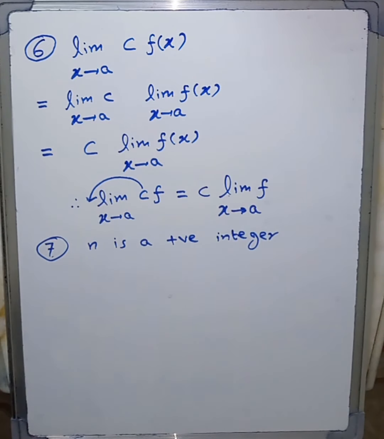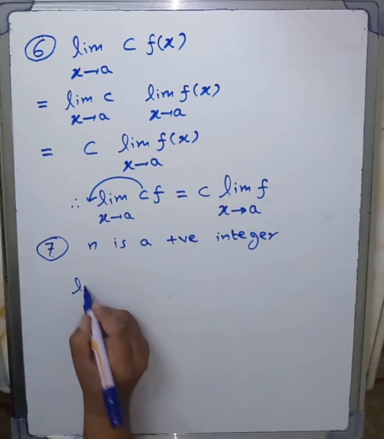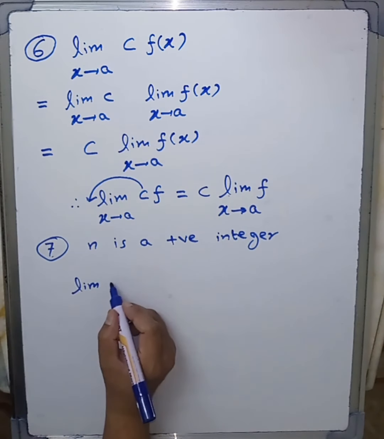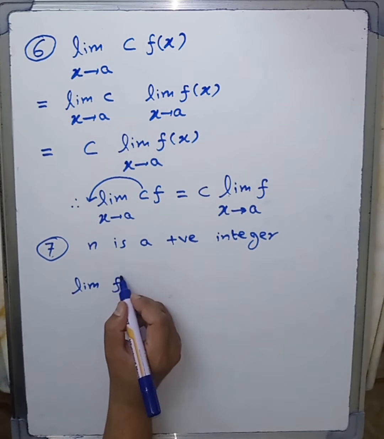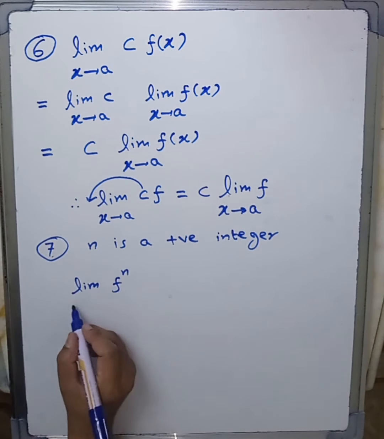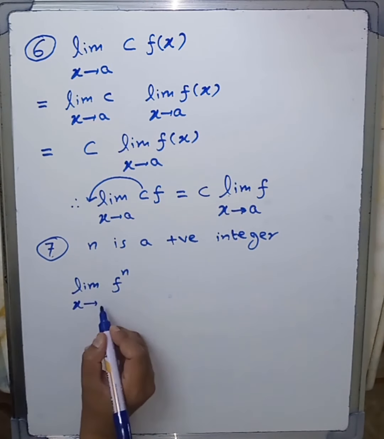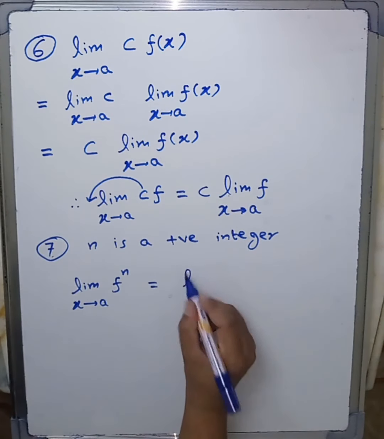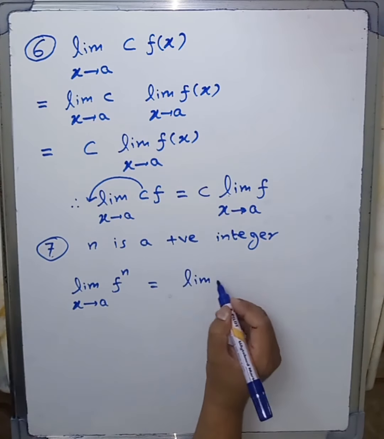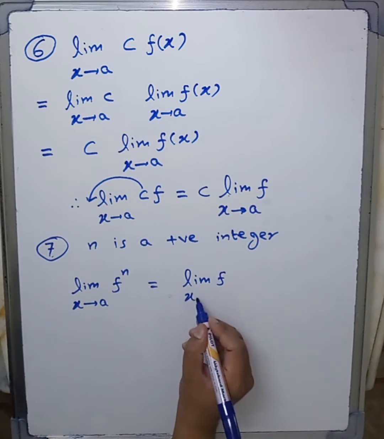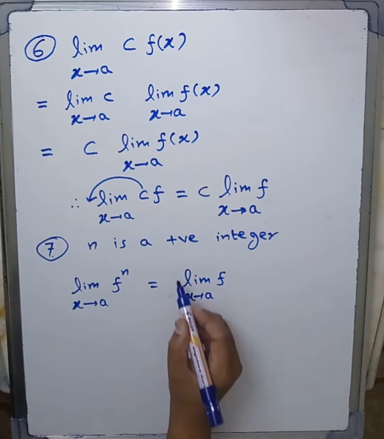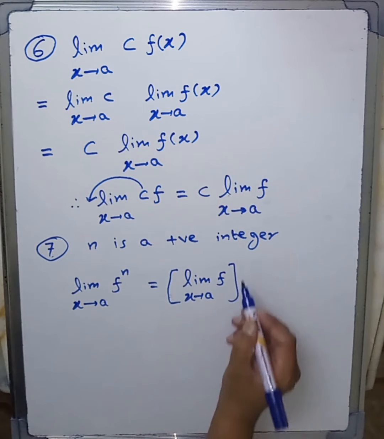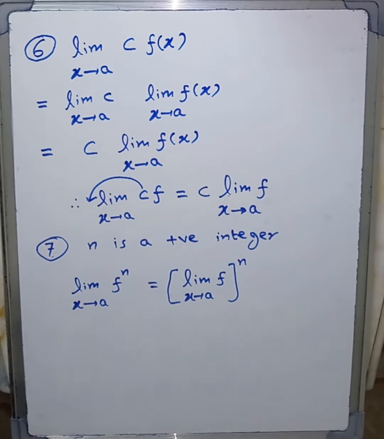In this case, limit of f to the power n as x tends to a will be equal to limit of f as x tends to a, whole power n.